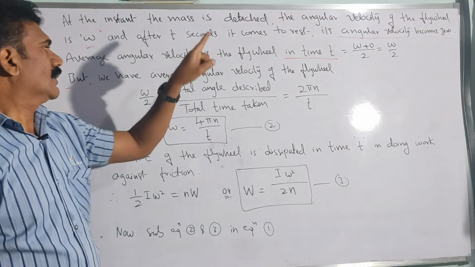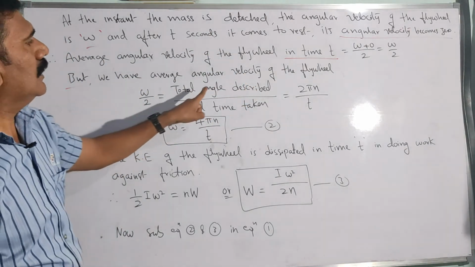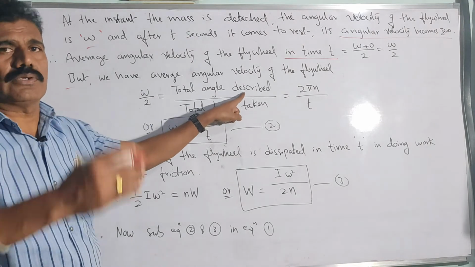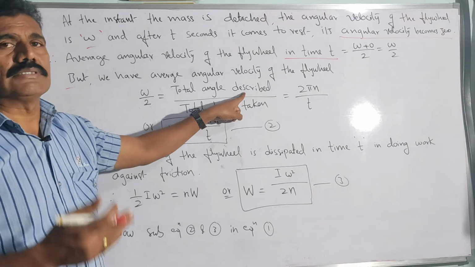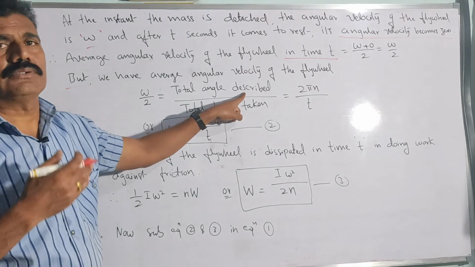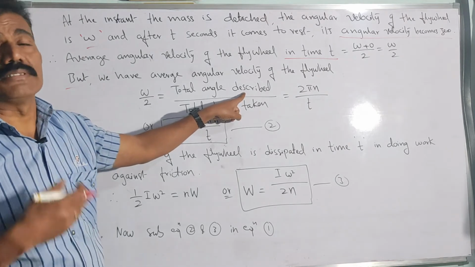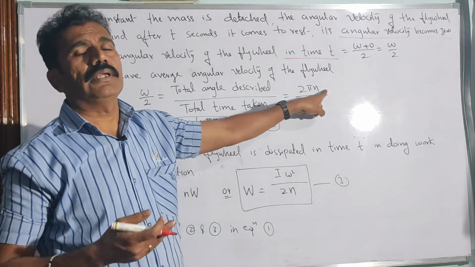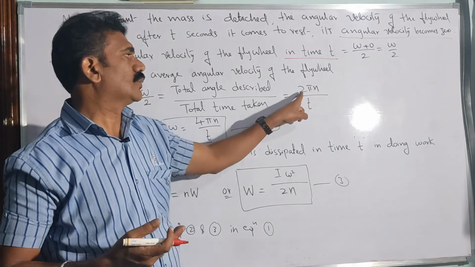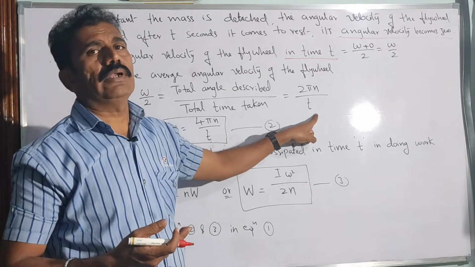It is also given by the formula total angle described, because it is rotating. For one complete rotation the angle is 2 pi, 360 degrees, isn't it? So 2 pi n, n number of times it is rotating here. So 2 pi n by t, you have to divide by t here.